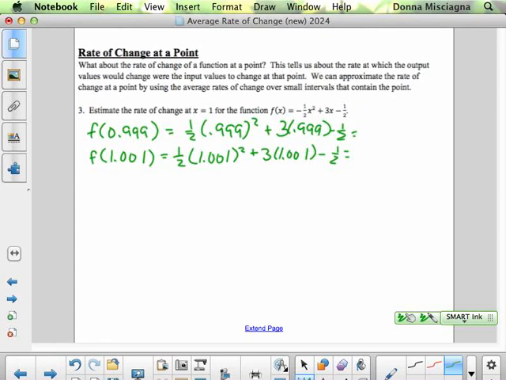1.001 squared. I've got 2.998. Hang on, one second, times a half. All right, and then I've got to add plus 3 times 1.001. Oh, minus 0.5. Wait, never mind. I was about to add the negative.